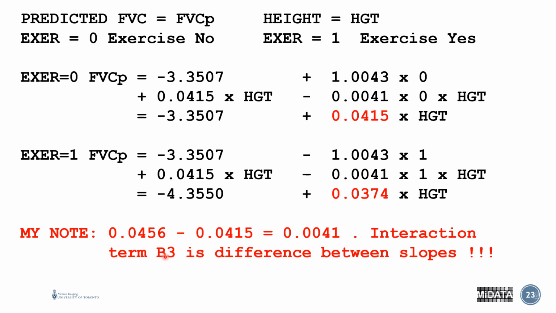And so the interaction term coefficient is actually the difference between the slopes, and that's why what we're doing is we're testing to see whether or not the difference between the slopes is significantly different from 0. And if it is, then the two slopes are different. If it's not, then they're not different. And what you then do is you can't say the interaction is significant and can remain in the model, so then you remove it from the model.